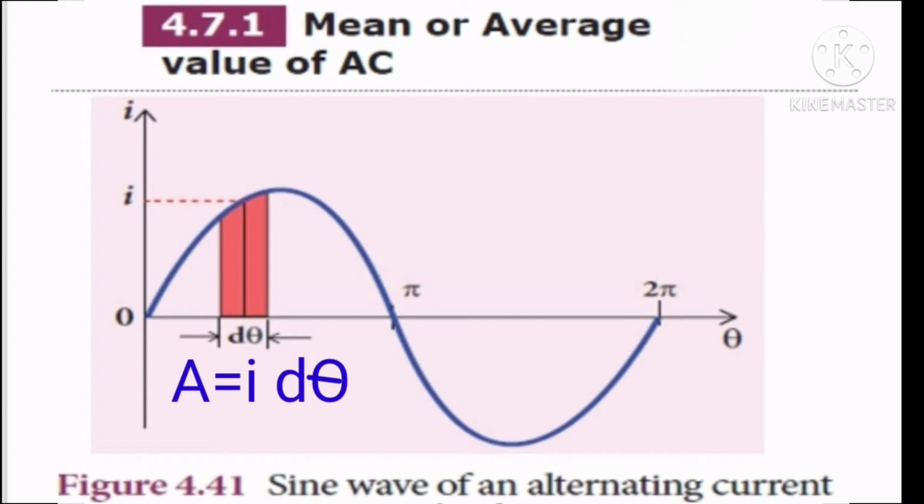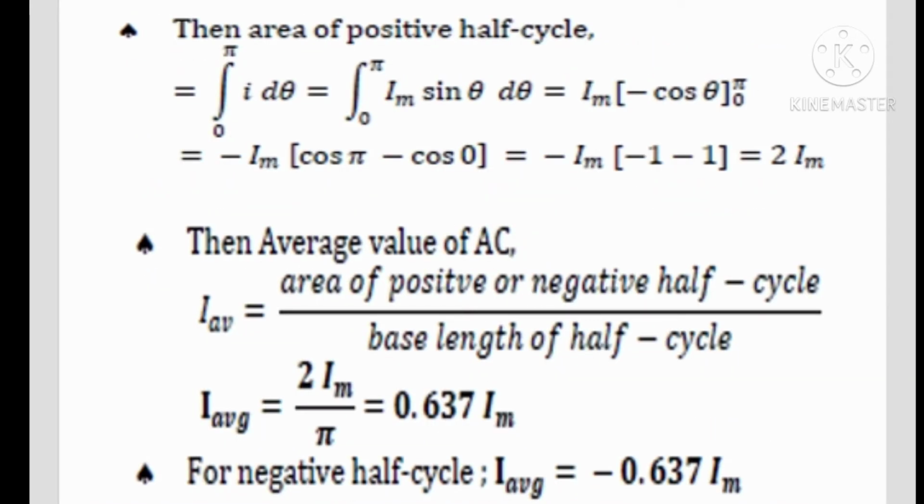Consider an elementary strip of thickness d theta in a positive half cycle. The area of the elementary strip can be written as i into d theta. Then the area of the positive half cycle is equal to integral 0 to pi of i d theta, which is equal to integral 0 to pi of Im sin theta d theta.